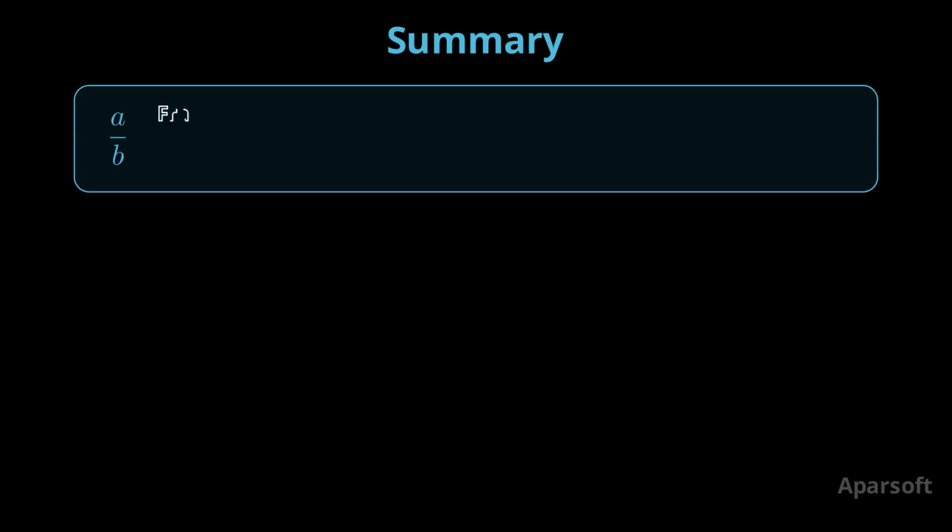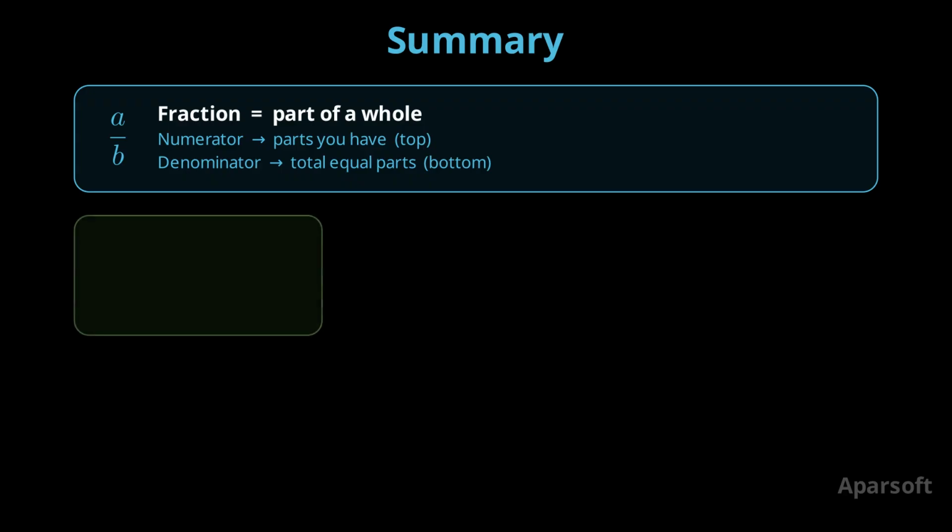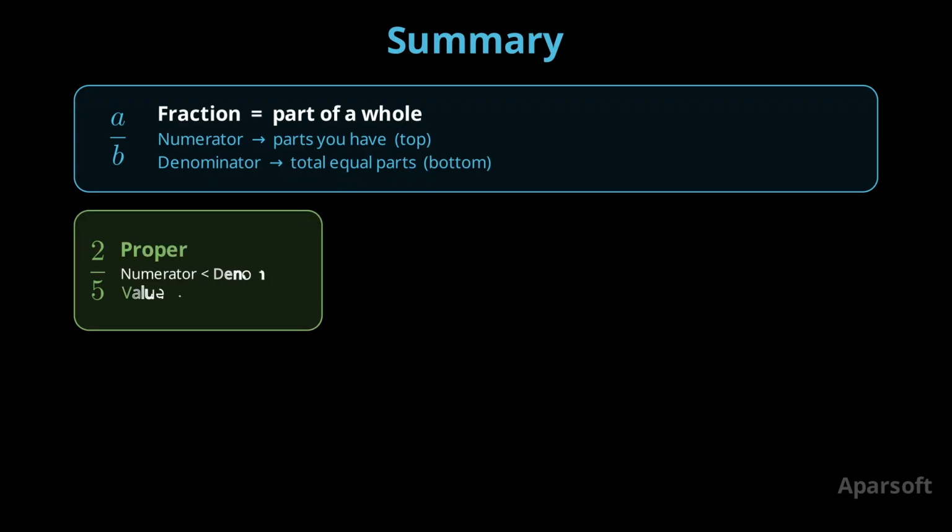Let us wrap up everything we have learned. A fraction describes a part of a whole. The numerator on top counts the parts you have, and the denominator on the bottom counts the total equal parts. There are 3 types. Proper fractions have the numerator smaller than the denominator, so their value is less than 1.